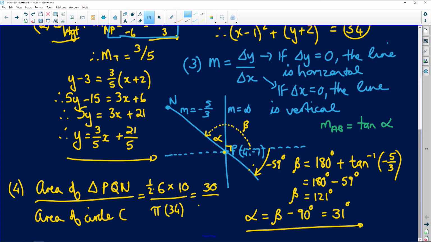Okay, so I've got pi over 34. If I simplify that, 2 goes into the top 15 and 2 goes into the bottom 17. So 15 over 17 pi. That is the relationship between the area of the triangle and the area of the circle.